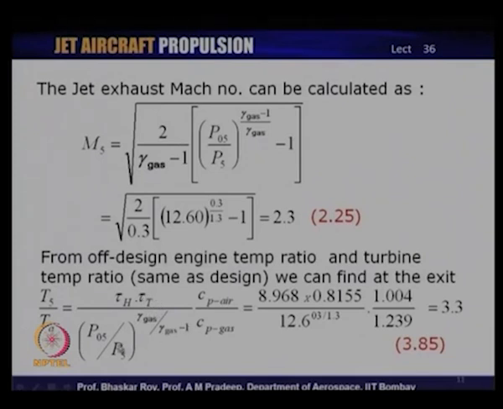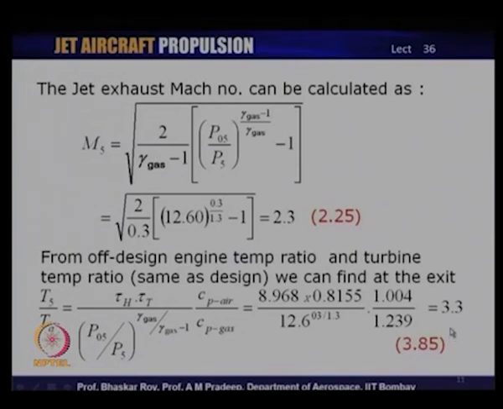We use the pressure ratio across the nozzle, and the values of Cp of air and Cp of gas, assuming they are two different values, which we have available with us. With those values, we get a temperature ratio at the nozzle exhaust face of 3.3, in contrast to the design value, which was 3.85.